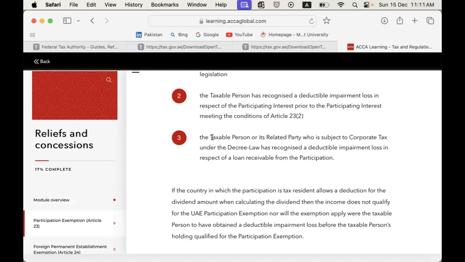So until the end of the year, most companies will probably reverse that impairment loss and say that we did not book that. But again, it will still be a risky affair, because if you had actually booked a transaction with that impairment loss, this is evidence that you had already recognized it.